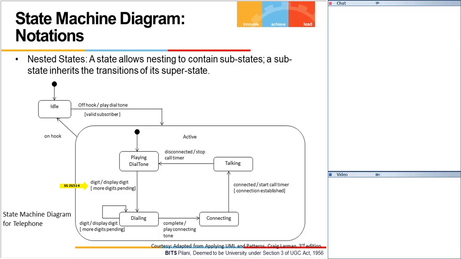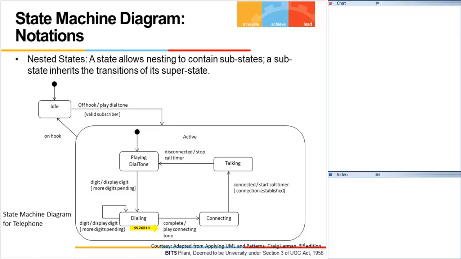So it's just an assumption that I have made, that it just calculates itself if more digits are pending, and then it loops into the dialing state till more digits are there. And once the number of digits is complete, it moves to the connecting state, right?